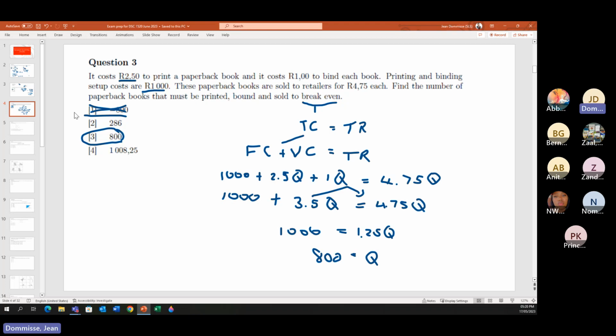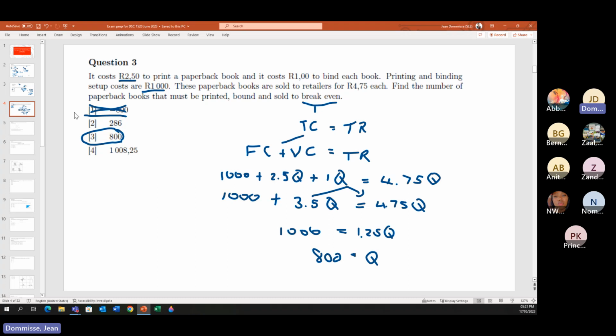Okay, so this is a question on realizing that to get to total cost, you need to add the fixed cost with the variable cost. And then the other thing that they are testing in here is that you know that when it's break even, that means that your total cost will be equal to your total revenue.